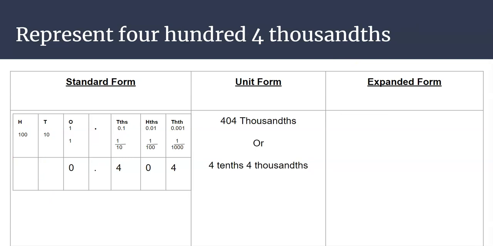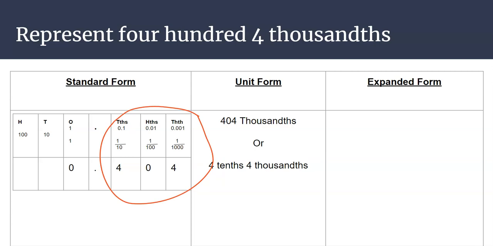So I put this in my place value chart. Now, one thing I want you to notice, there is no and here like we had in the last one. It's not 400 and 4 thousandths, it's 400 4 thousandths. So what this is telling me is I would have to look at just this section right here because we're not going into our whole numbers.